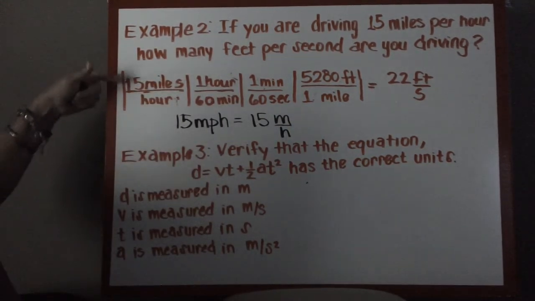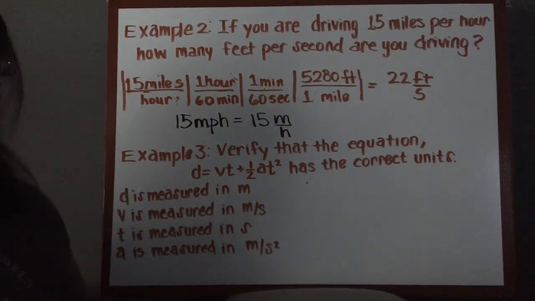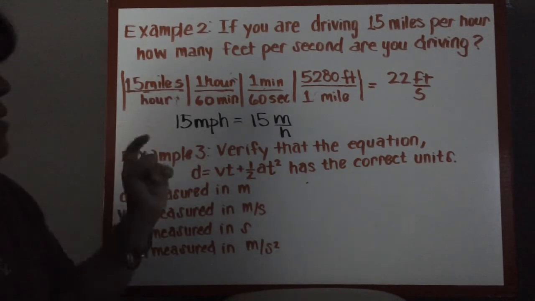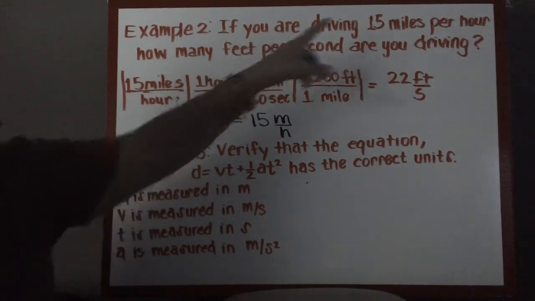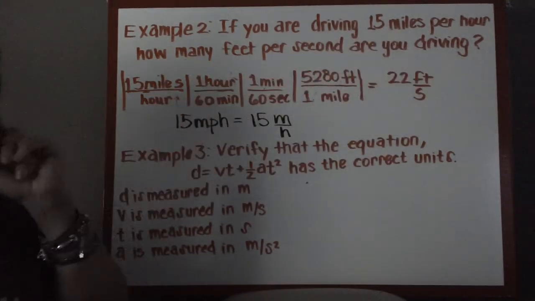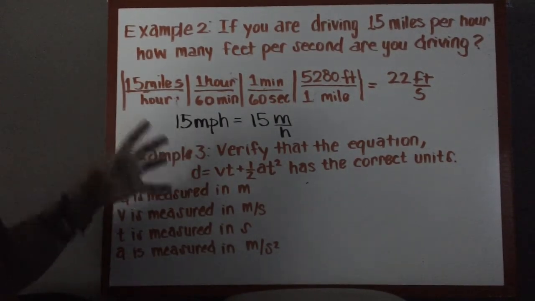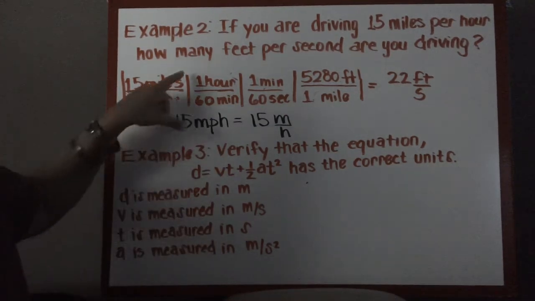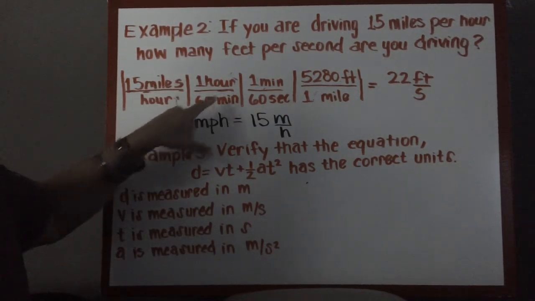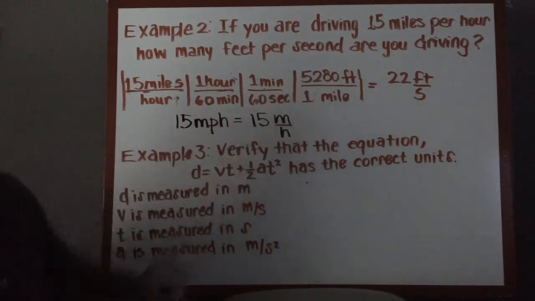So if we have 15 miles over 1 hour, this time we're going to be converting the miles as well as the hours. We're converting miles to feet and hours to seconds. So we're going to start here with 15 miles per hour and multiply it by units of 1. So 1 hour is 60 minutes, 1 minute is 60 seconds, 5280 feet equals 1 mile.